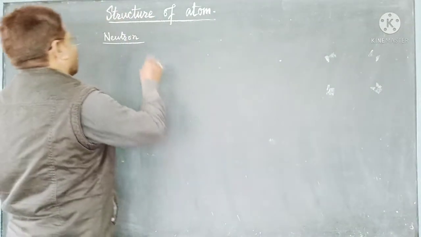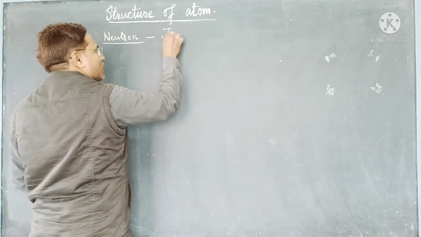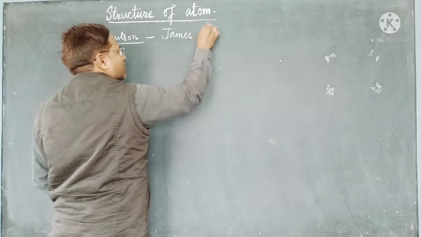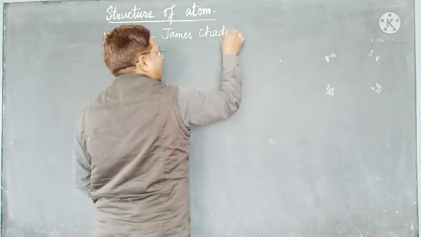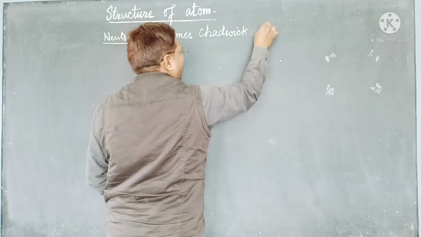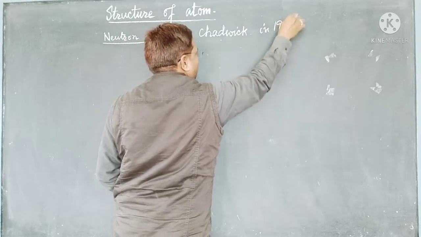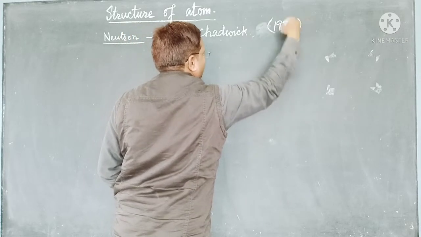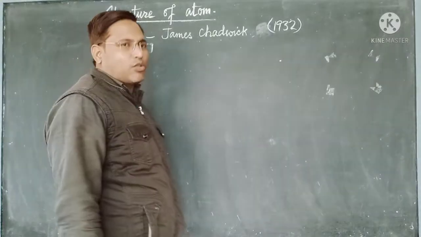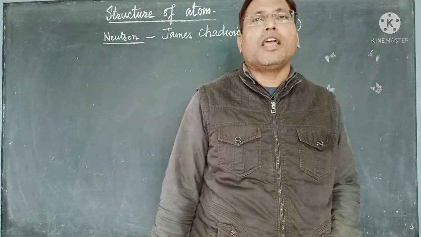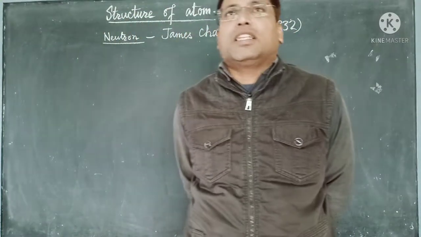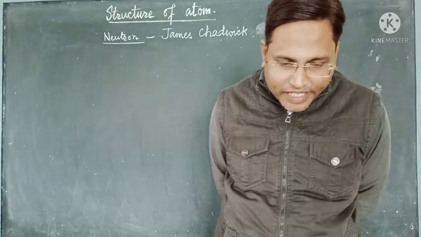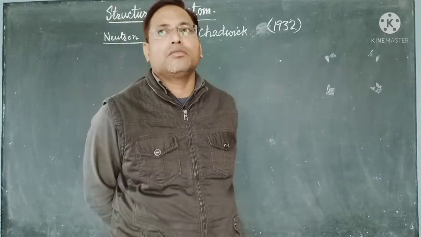About the neutron we will study. The discovery of neutron was done by James Chadwick in 1932. See, it was thought that there are electrons and protons. For example, we take the case of carbon only.